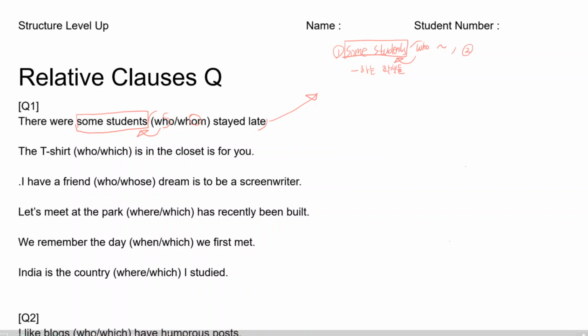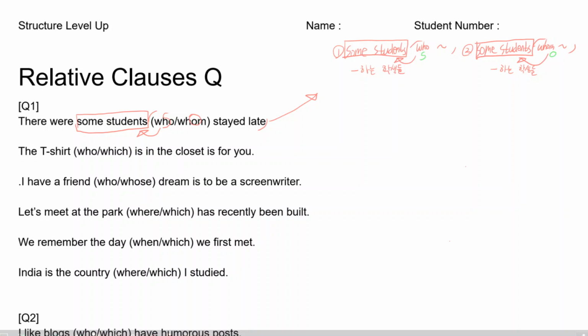The second case, some students whom. So in this case also, we all know that it goes like this, and it also means 뭐뭐 하는 학생들. So what's the difference? In some students who, who means the subject, and whom means the object.